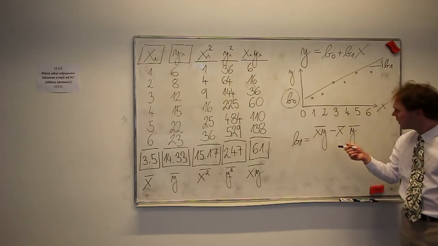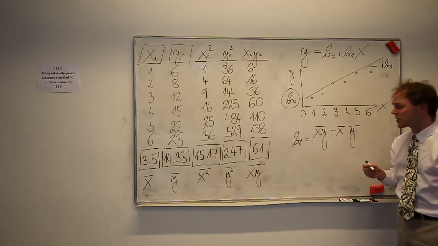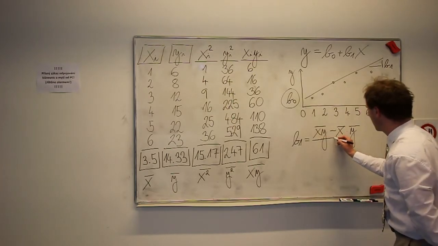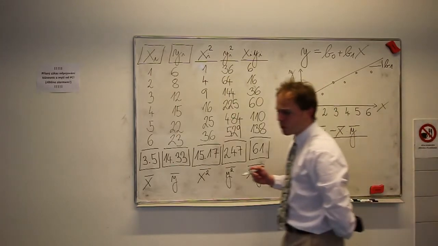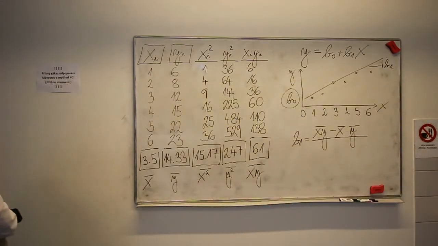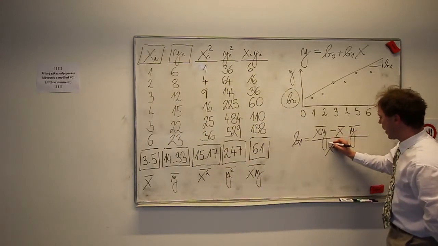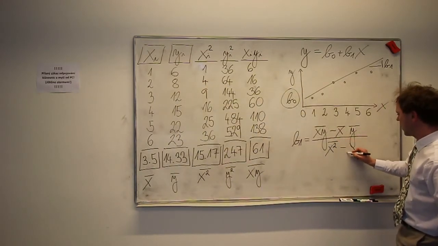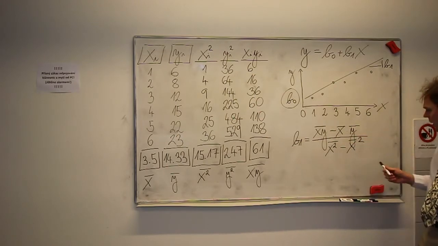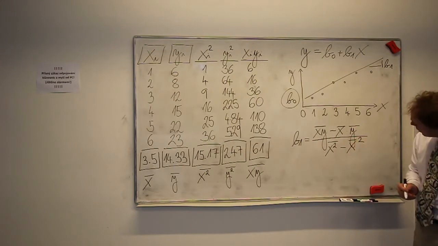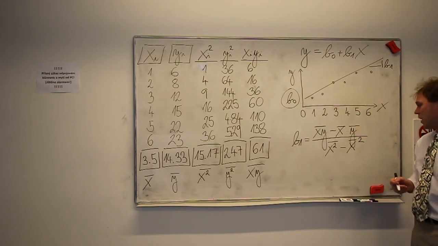So what is it in the statistical language? This is covariance. Yeah? So again, we have a covariance in the numerator, and in the denominator there is a difference between x squared mean minus x mean squared. There is a variance of variable x. Variance of variable x, yes?